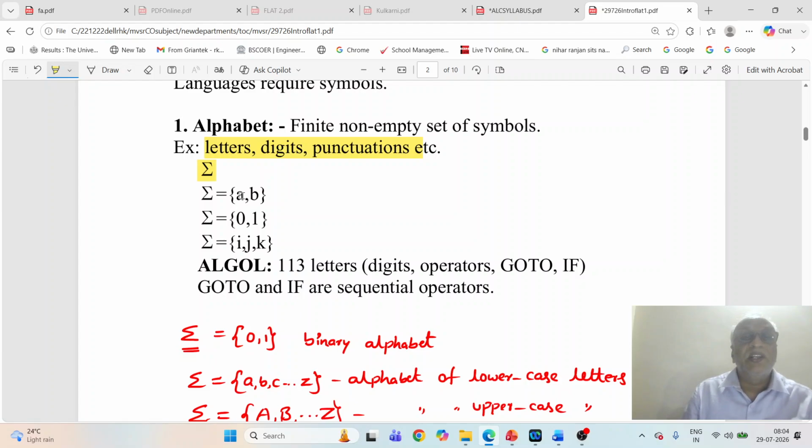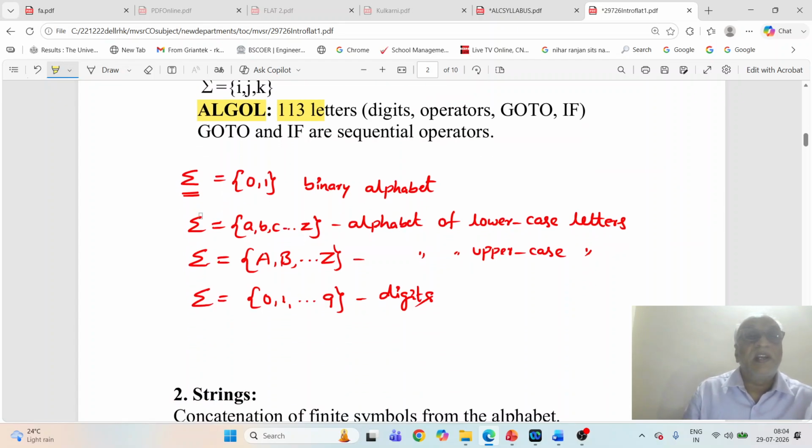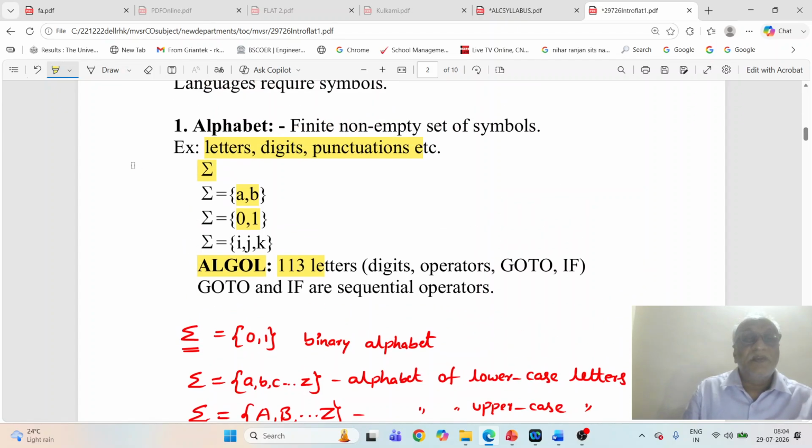So sigma is a set of A, B. It's an alphabet. Sigma is a set of 0, 1. It's an alphabet. Sigma is a set of I, J, K. Say for example, the Algol language has 113 letters, then digits, operators, and go to and if, which are the sequential operators.